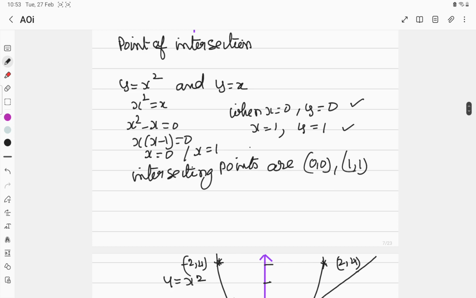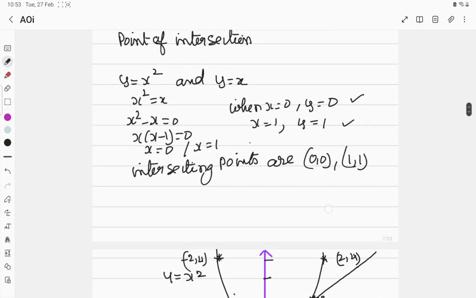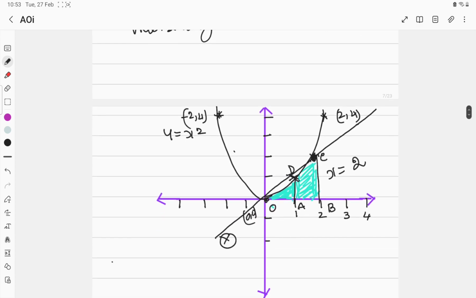Draw the diagram using the data. At least you have to take 3 values. Students, you have to take 3 values to draw a diagram. So see this diagram.